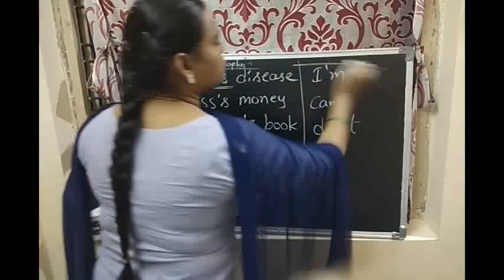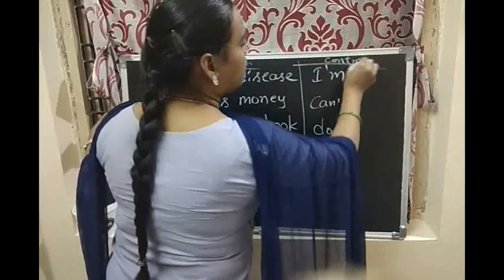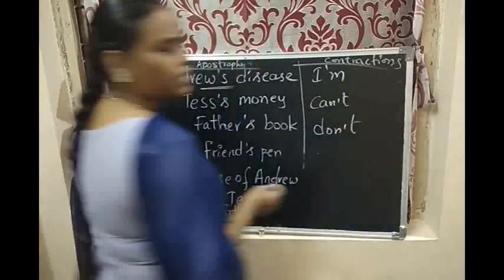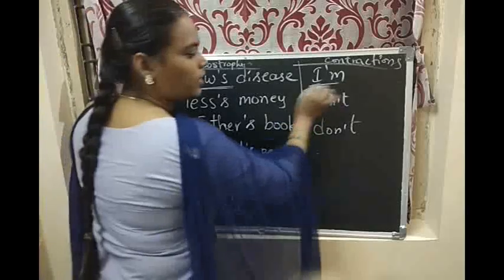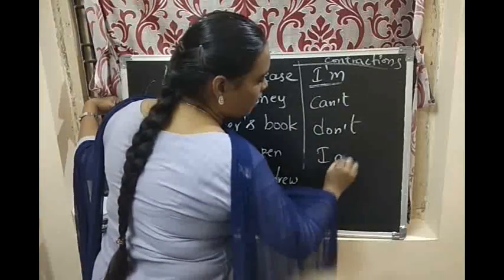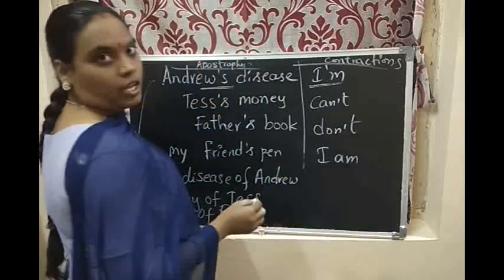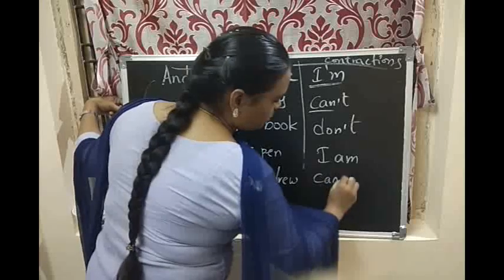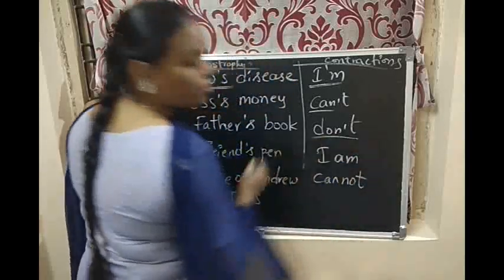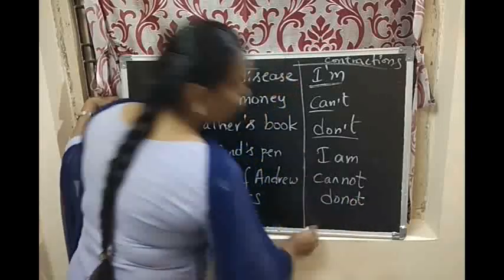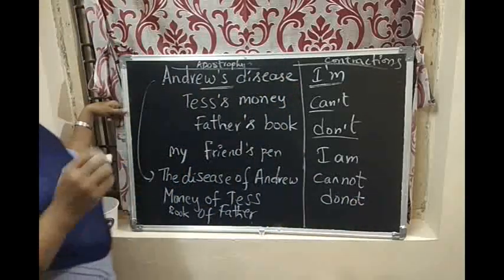So now coming to contraction. What are contractions? I said short form. What is the full form of am? I am. Can't is cannot. Don't is do not. So what is meant by contraction? Short forms.